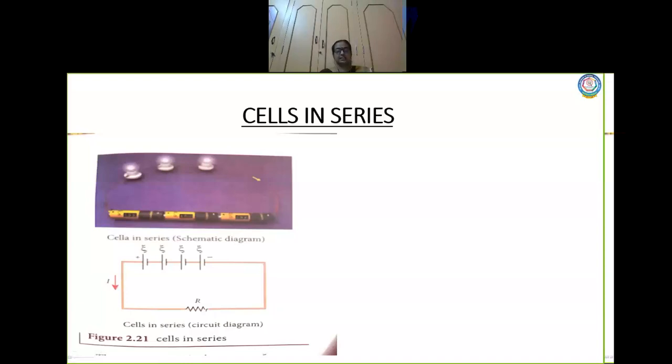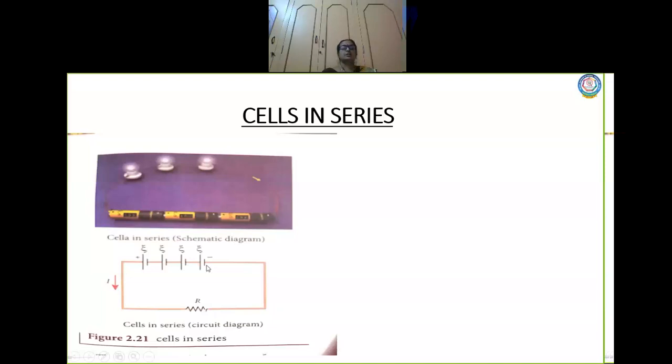The first topic is when cells are connected in series. How are they connected? Look at the diagram. This is the first cell. The negative terminal of the first cell is connected to the positive terminal of the second cell. Similarly, the negative terminal of the second cell is connected to the positive terminal of the third cell, and the negative terminal of the third cell is connected to the positive terminal of the fourth cell. Which ends are left free?